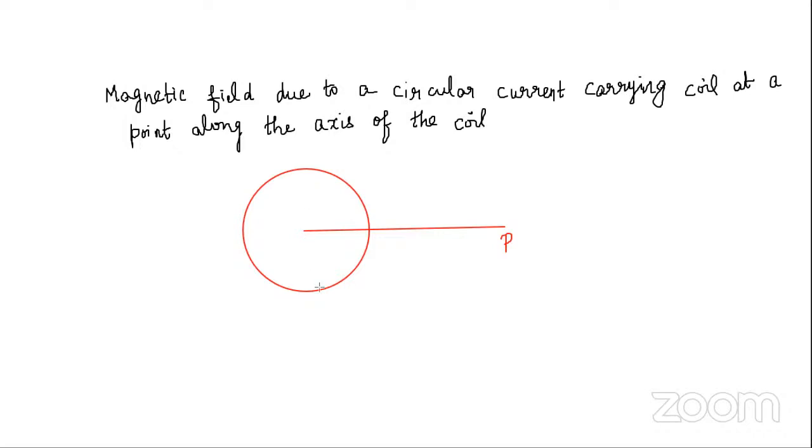This distance is actually x. And the radius of the coil is taken as capital R.